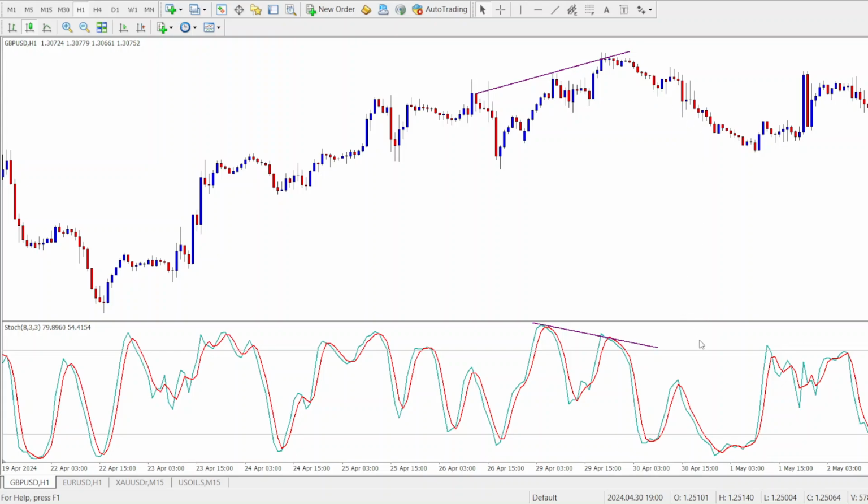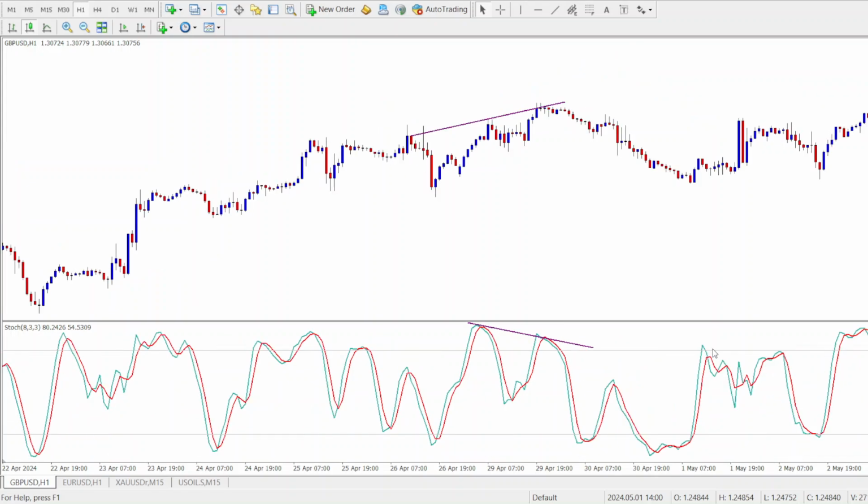Now for a hidden divergence, this is when price makes a lower low, for example, but the stochastic makes a higher low.